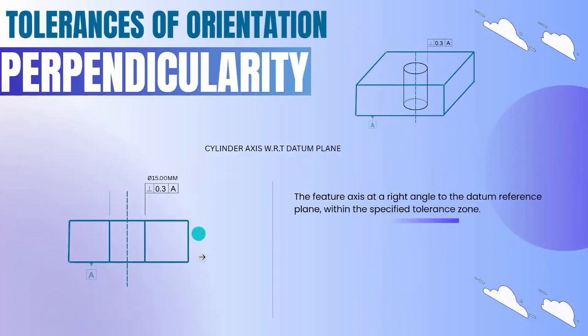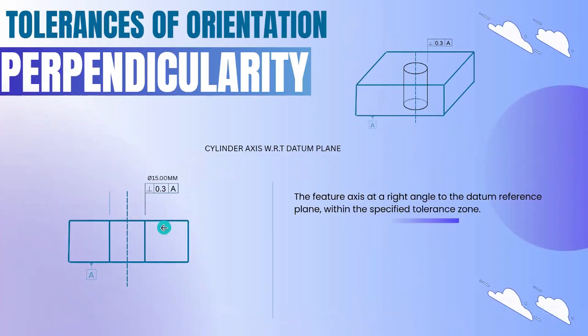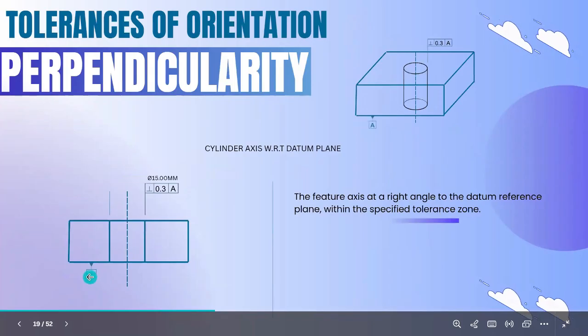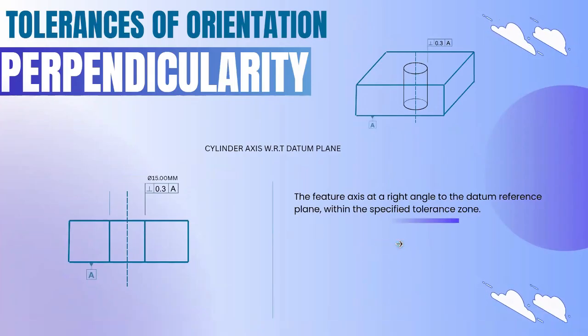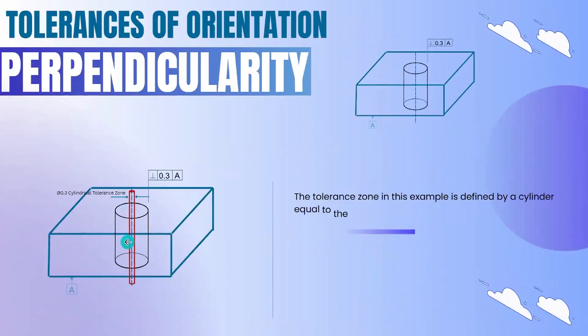Here, this is the other scenario. For this whole axis we're going to check perpendicularity with respect to datum A. Datum A is the bottom plane. Likewise, the whole axis must be 90 degrees to datum A. But here the zone will be cylindrical because the feature is a cylinder.